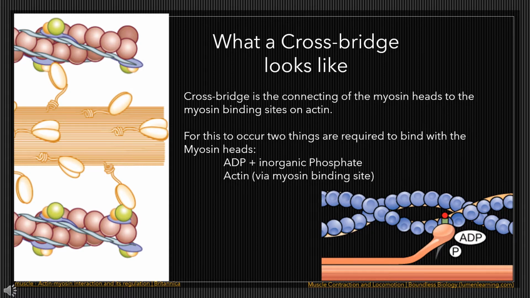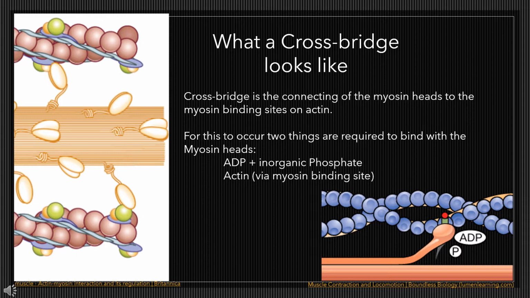These two things are adenosine diphosphate, ADP, and an inorganic phosphate molecule, as well as the myosin binding site of the actin to the myosin head. This is what brings about a cross bridge and gives the cross bridge cycle its name.